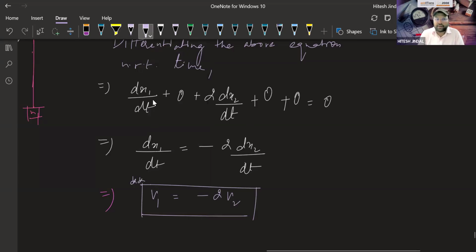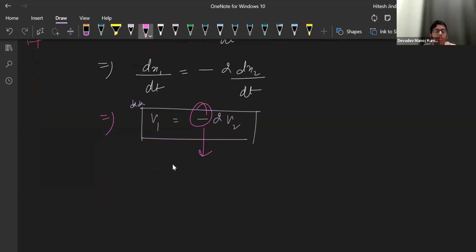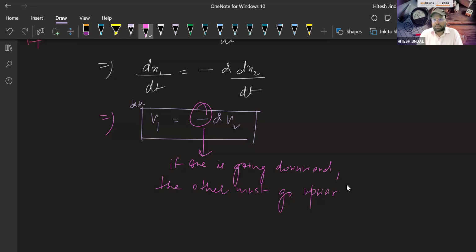What is the minus sign signifying? Opposite directions, right? If one is going downward, the other must go upward.